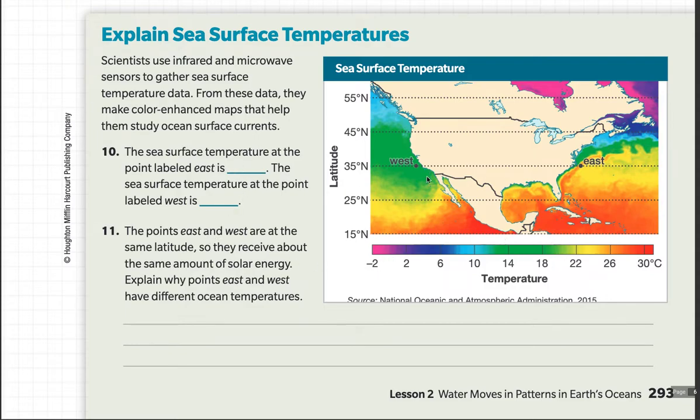Okay, so that would be the temperature. I'm not sure what this wants us to put here, but the west is green, right? And so that's maybe 16 degrees. Put 16 degrees. The east is orange right here, so that's more like 26.